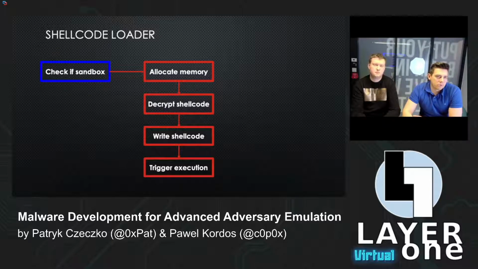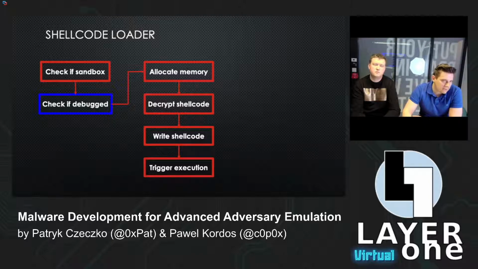Next step would be to implement some sandbox checks to bypass any dynamic analysis, either automated in a sandbox or manual by an analyst. Then we can also implement some anti-debug checks, which could be, of course, easily bypassed by the analyst, but it would give a little bit of struggle to the analyst to find them and bypass them.